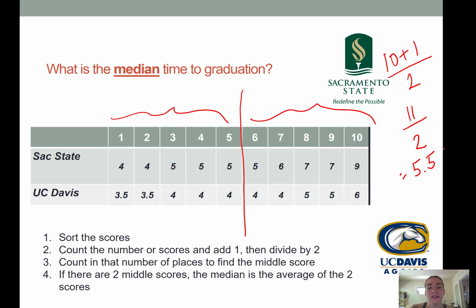So the median time to graduation for Sac State students is the average of 5 and 5, which of course is just 5. And then the median time to graduation for UC Davis students is the average of 4 and 4, which is a median of 4.